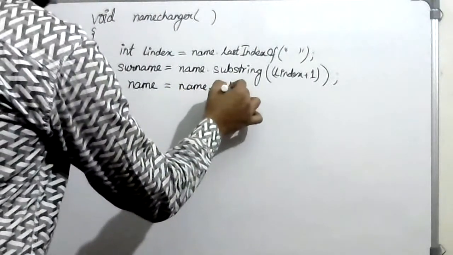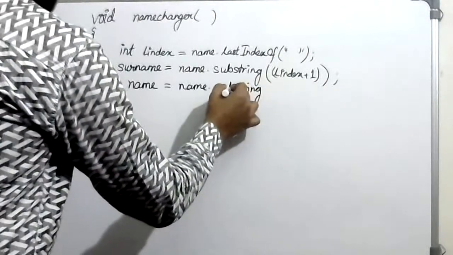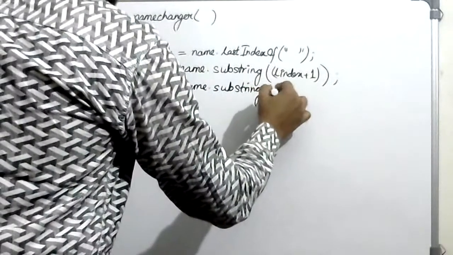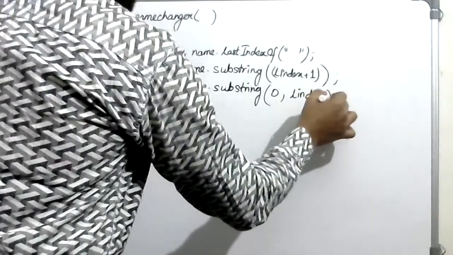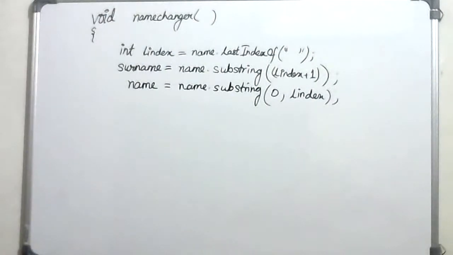So I'm just omitting the surname part from the original name. 0, L index. Remember, the last argument is not inclusive, it is exclusive, so it will extract up till just before the last space in the name, which is nothing but the first name and the middle name.